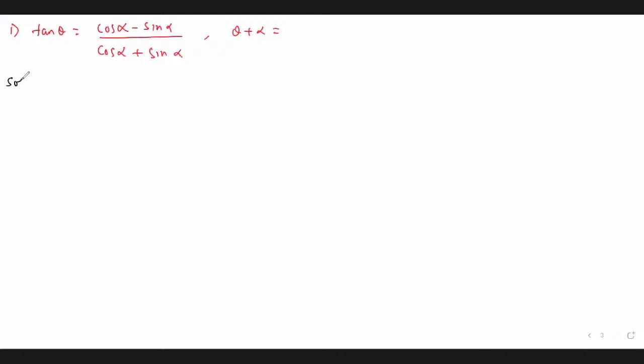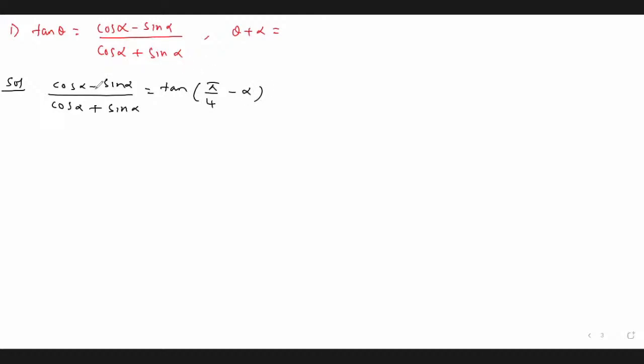Observe. We are having two formulas, right? You should remember them correctly. Cos alpha minus sin alpha by cos alpha plus sin alpha, the value is equal to tan pi by 4 minus alpha. You should remember this.